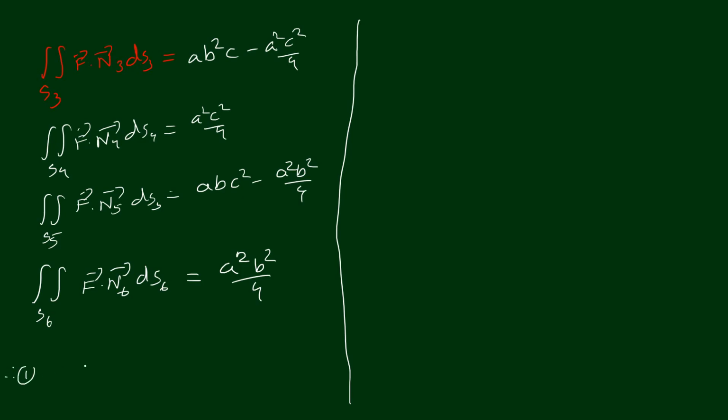So what is the total double integral? The double integral over S of f dot n dS will be equal to just adding up all the double integrals. Over S1 that is a square bc minus b square c square by 4.